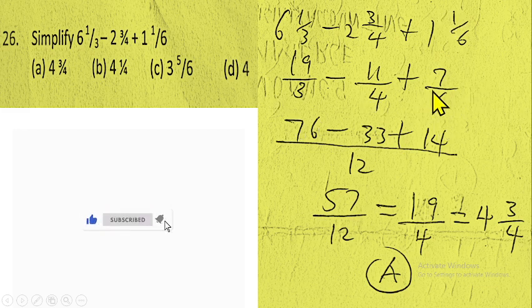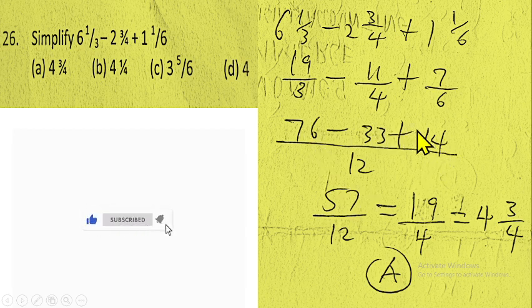Then you can take the LCM, and the LCM of these denominators is 12. Then 3 in 12 will give us 4. 4 times 19 will give us 76, minus 4 in 12 is 3, 3 times 11 is 33, plus 6 in 12 is 2, times 7, 14.